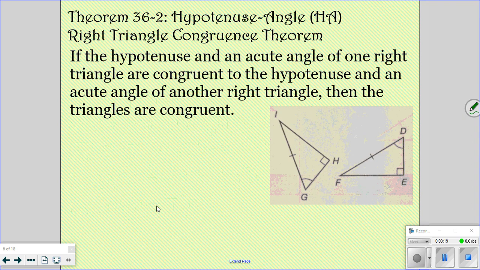Okay, looking at the next theorem, 36.2, it's the hypotenuse angle, the HA right triangle congruence theorem. So if you have a hypotenuse and an acute angle of one triangle that are congruent to the hypotenuse and acute angle of another triangle, then the two triangles are going to have to be congruent.